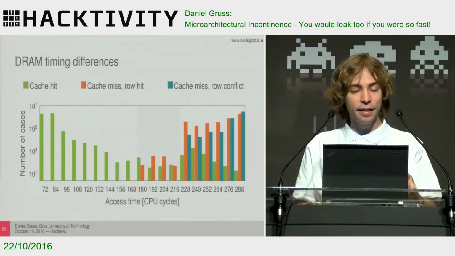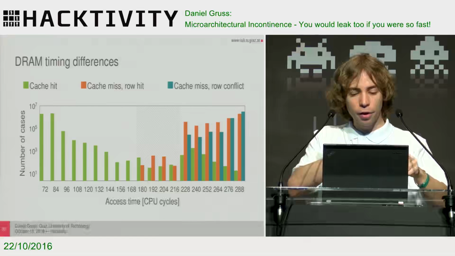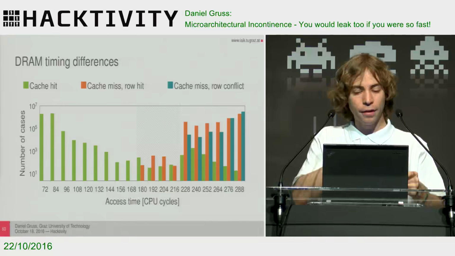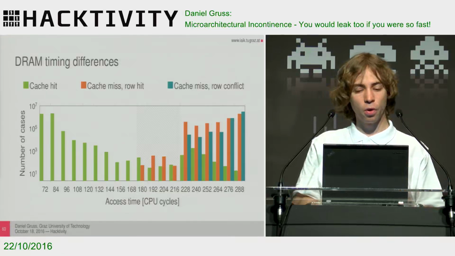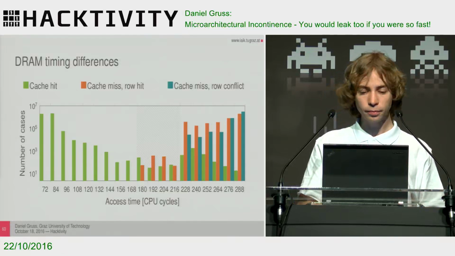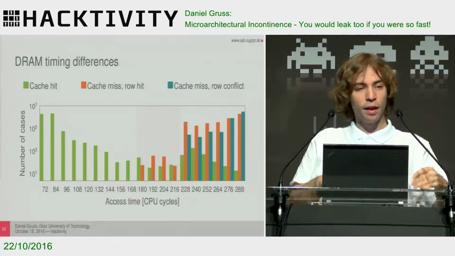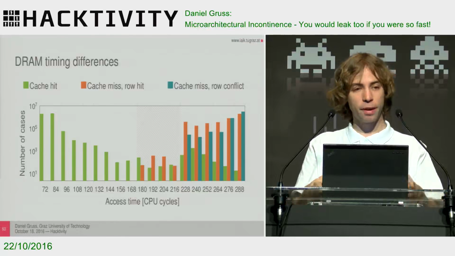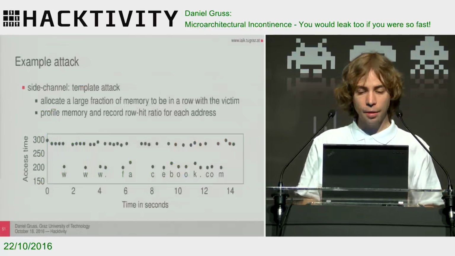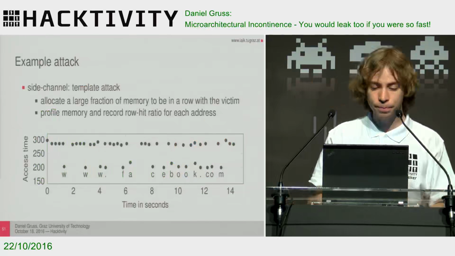And here you can see that there is a small number of cases where we observe a row hit, which is faster than a row conflict. And we can, of course, force the CPU to always have a cache miss by flushing memory from the cache. And then we have a side channel attack again.